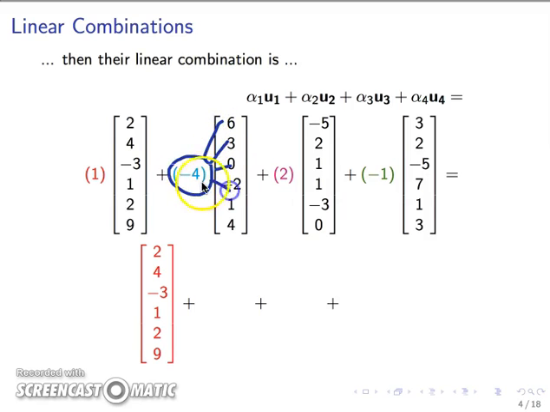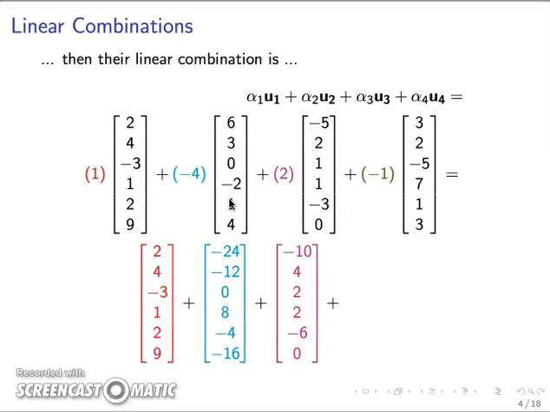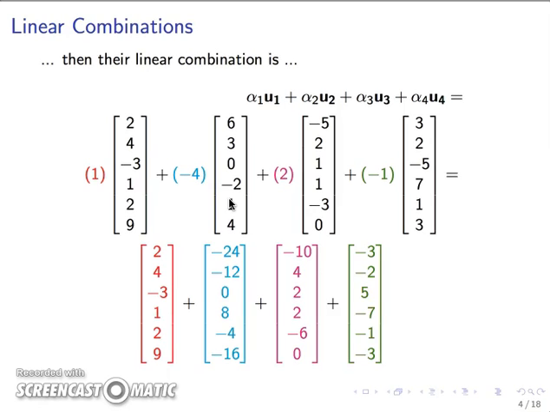What's going on here is a little bit of distributivity. You can think of that scalar distributing across each single location of that column, which leads to this vector, and we do the same for the next scalar, and that yields this vector, and the last one gives us this vector. So at this stage we have the addition of four vectors, right? We go to every location.